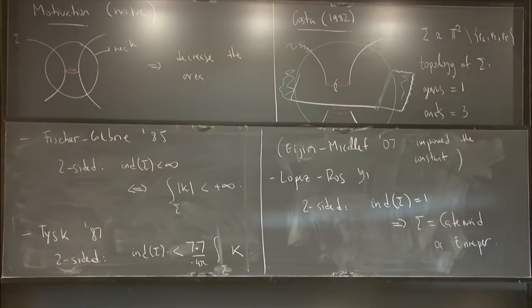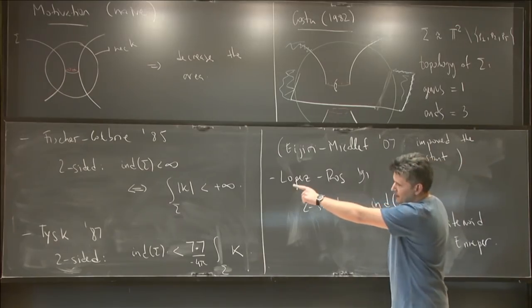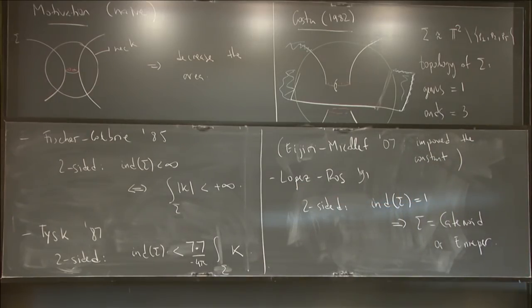I'm going to dare to draw the Enneper surface. The catenoid is embedded, and the Enneper surface is immersed. If you restrict yourself to embedded, then index 1 gives you the catenoid. So it's the natural improvement of that theorem of Fischer-Colbrie and Schoen.